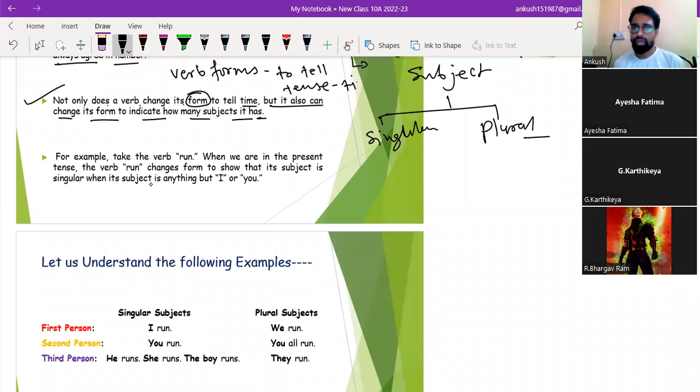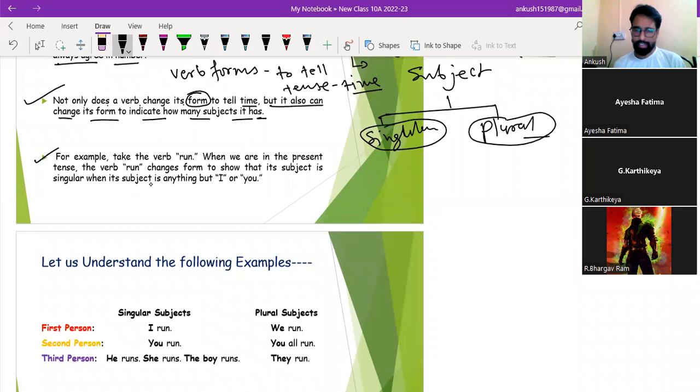Tense means what? The time. But the verb may also indicate whether the subject is singular or plural. Have you got it?